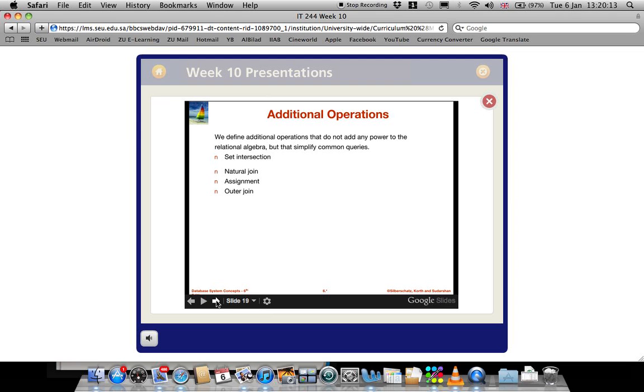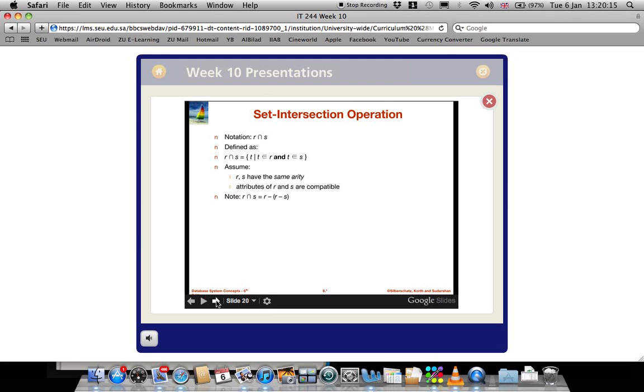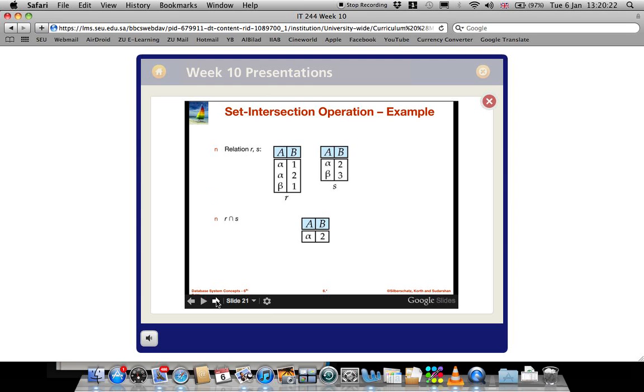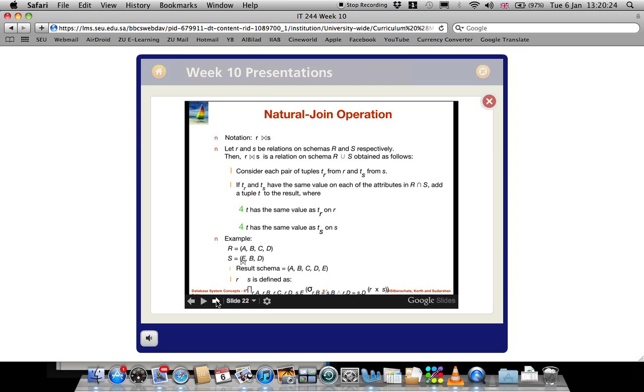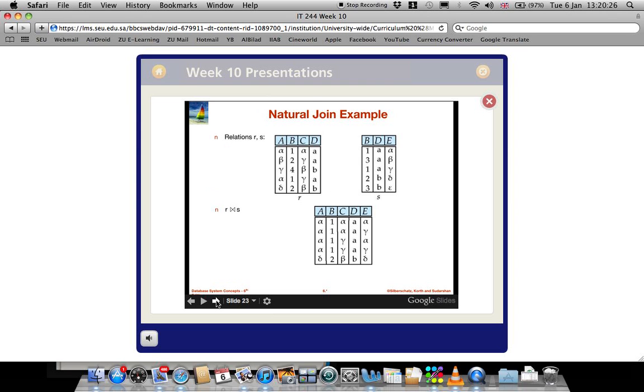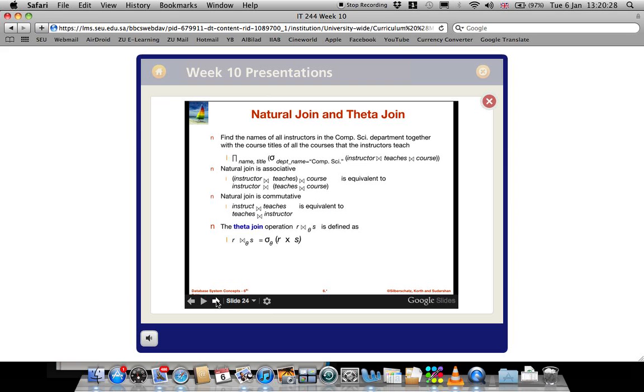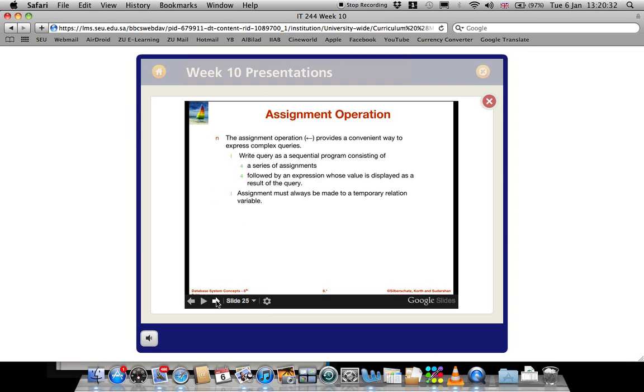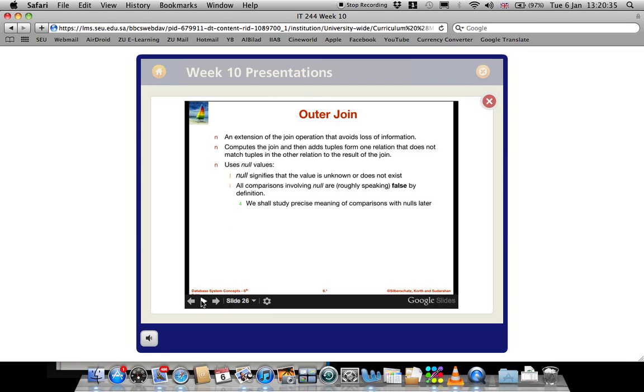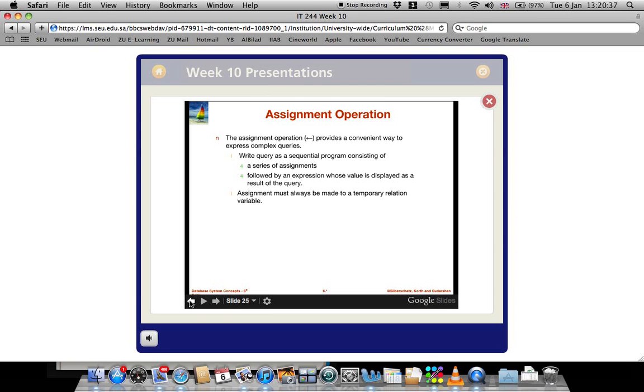Additional operations: you need to understand the intersection. Now this is important. Don't worry about the assignment operation.